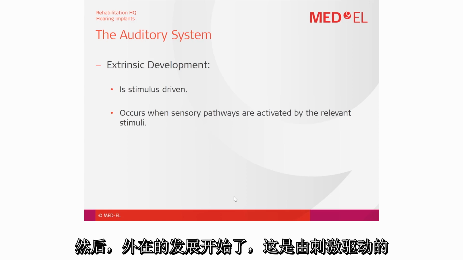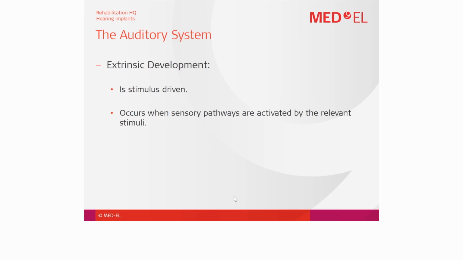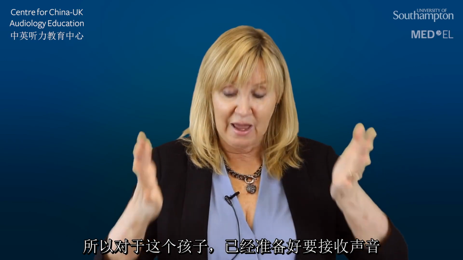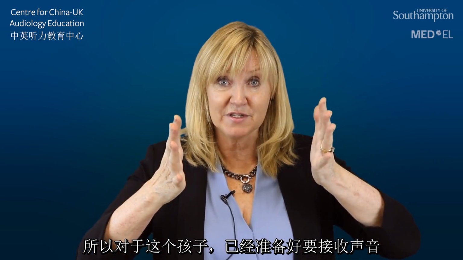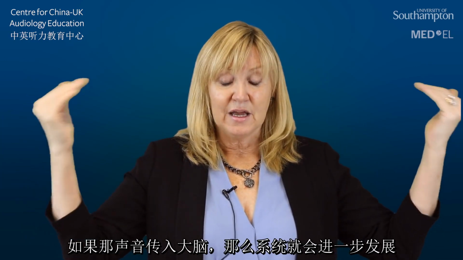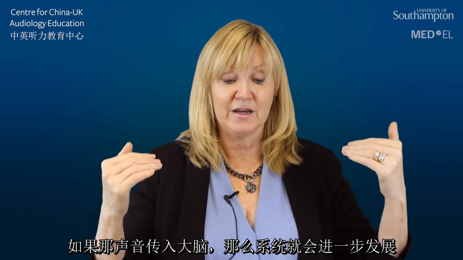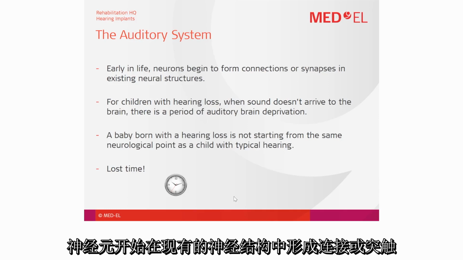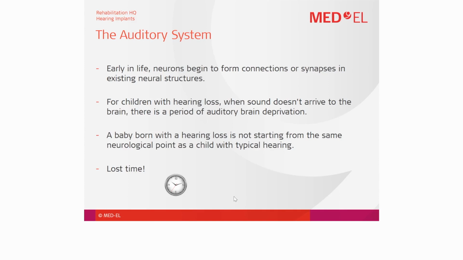Then extrinsic development begins. This is driven by stimuli. And this occurs when the sensory pathways are activated by the relevant stimuli. So we have this baby there ready to receive sound, and if that sound comes into the brain, then the system is further developed. So early in life, the neurons begin to form connections or synapses in existing neural structures.